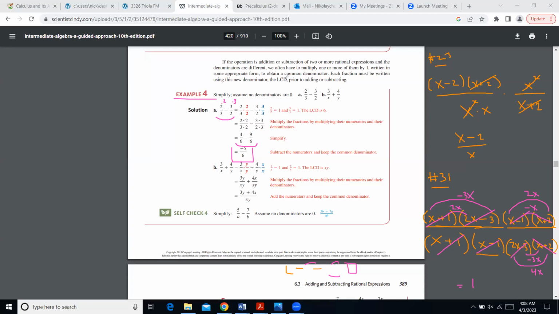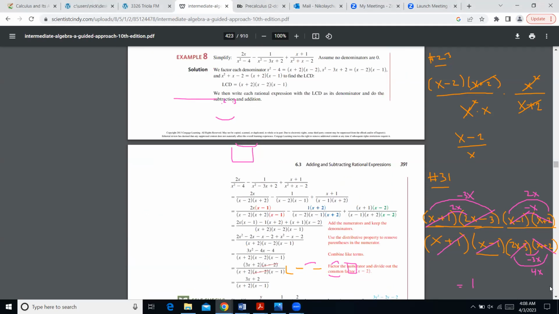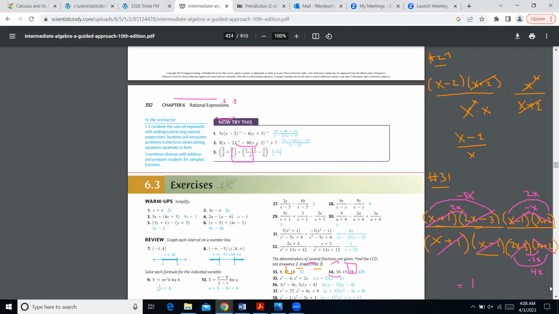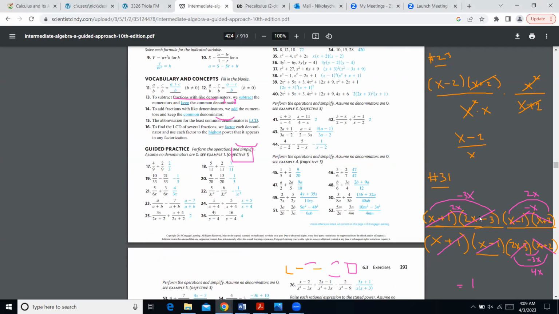So when you subtract or add fractions, you need the same denominator. Compared to the previous section, this is a completely different process. We need the same denominator when we are adding or subtracting.